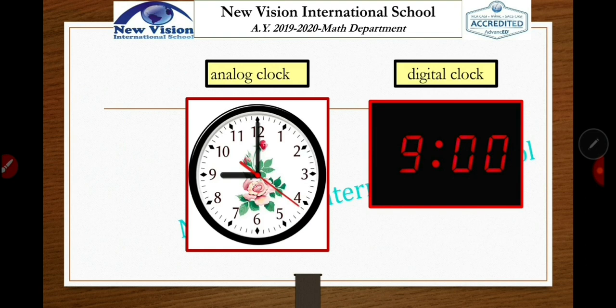Now that you know that we have the analog clock and digital clock, you already know the difference between the two clocks. Always remember that we can write the time in different ways. For the analog clock, we can write it this way. We have the 9 o'clock, and for the digital clock, we can write it using the numbers and the symbol colon.